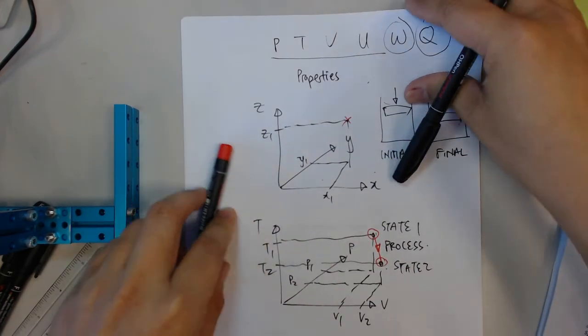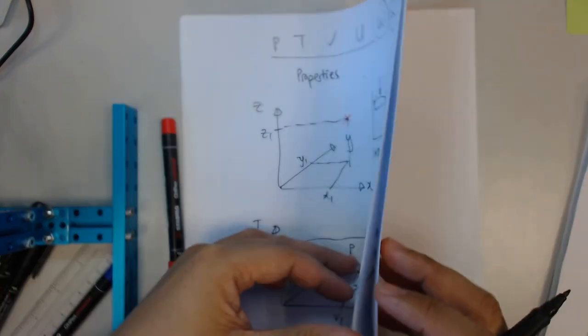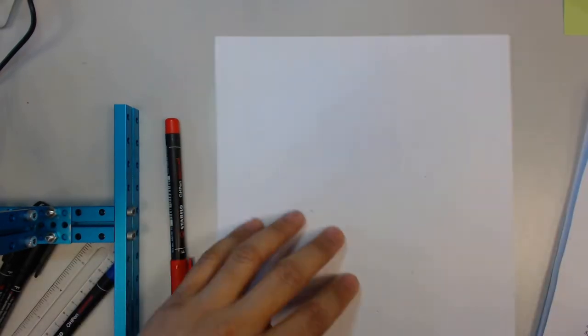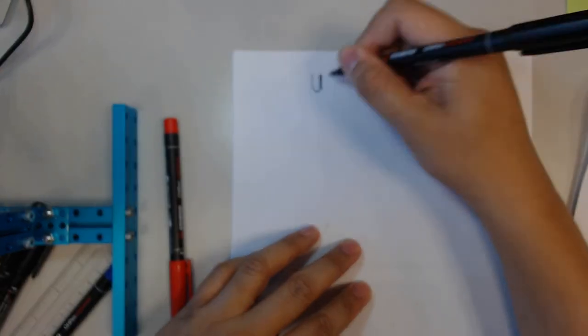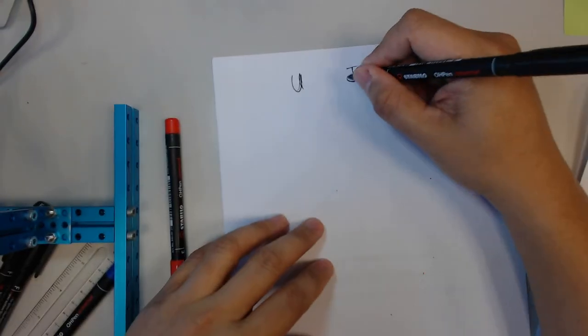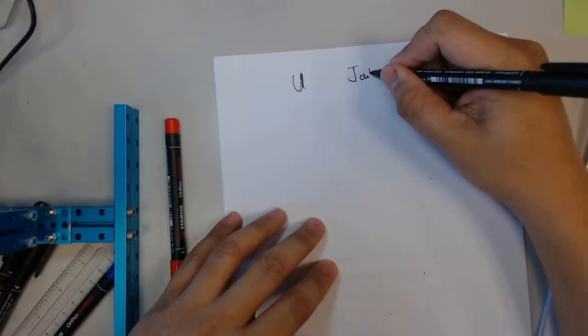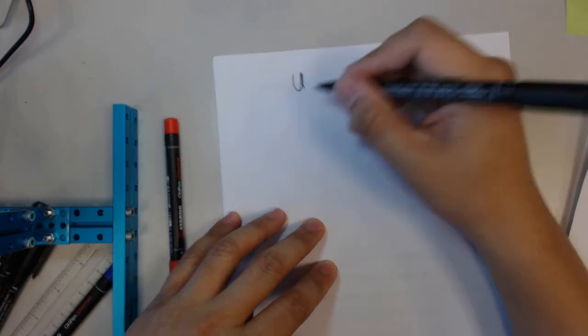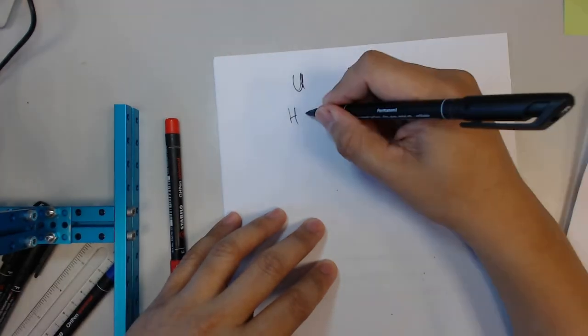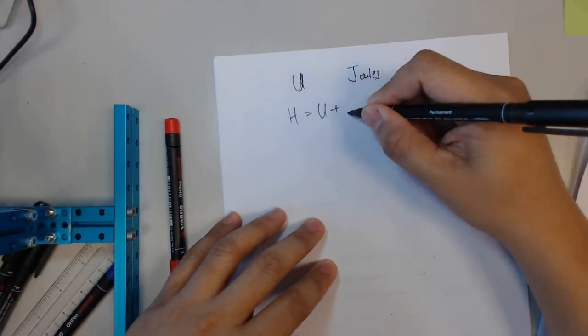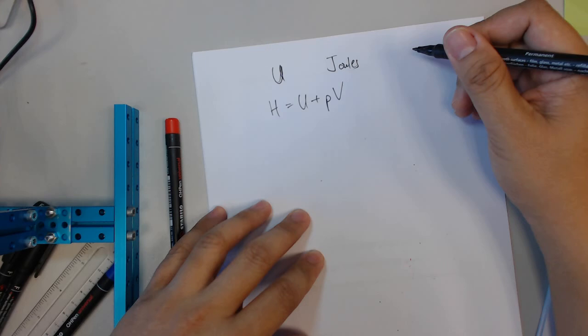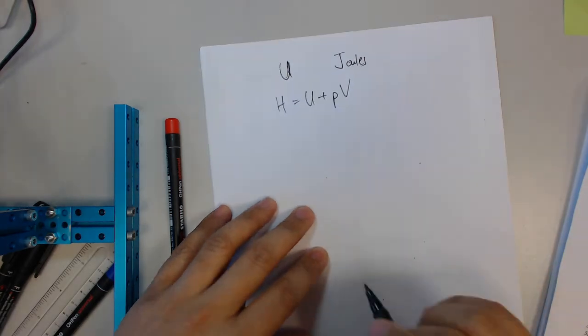We know U is the internal energy. Energy, naturally, is in joules. Enthalpy is represented by H, and is internal energy plus pressure times volume. So this is enthalpy.